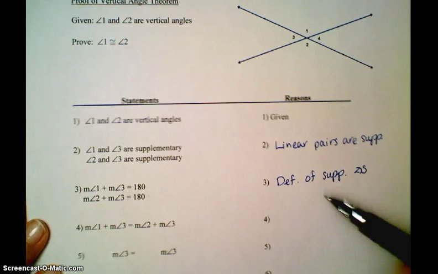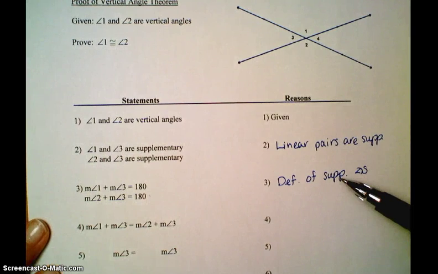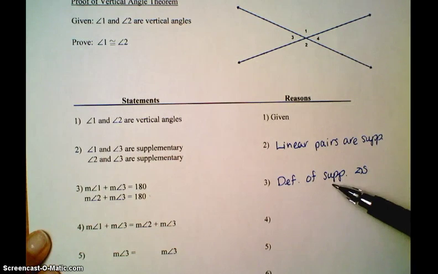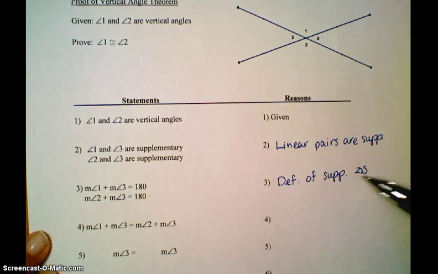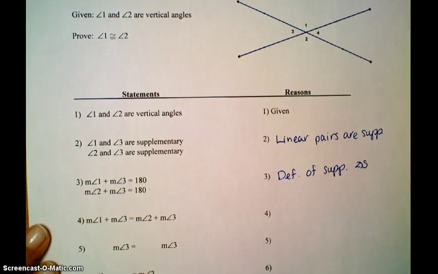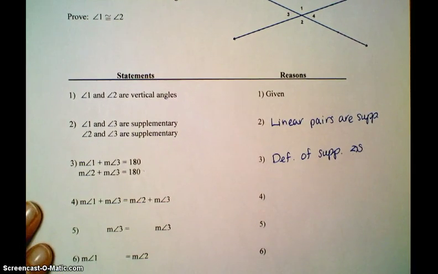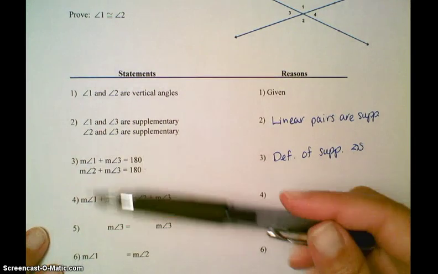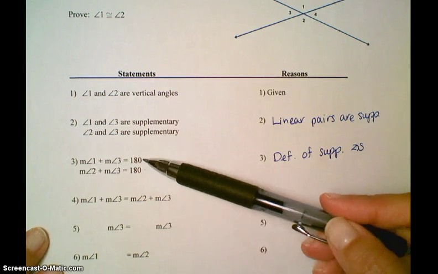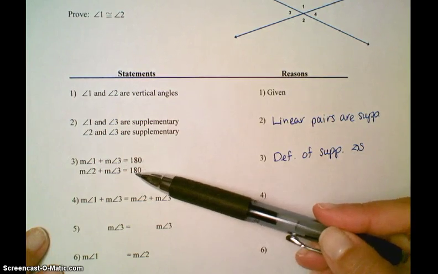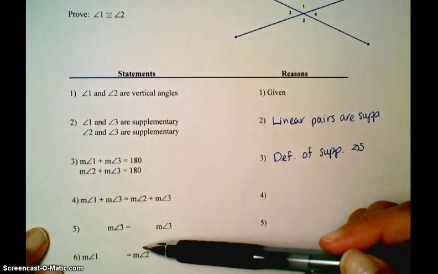Notice I'm abbreviating a lot of words, and that's okay. You are also welcome to abbreviate the words or use symbols for them. Okay, now we go on to step 4 where we find out, well, what's my connection then? And take a look at this here. 1 plus 3 equals 180. 180 equals 3 plus 2.